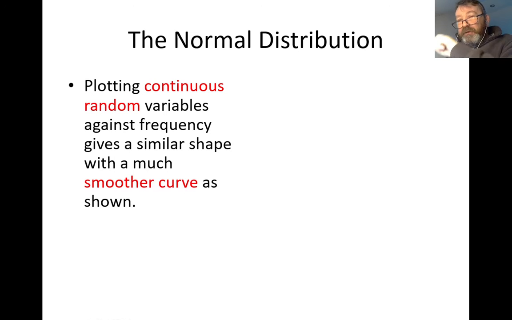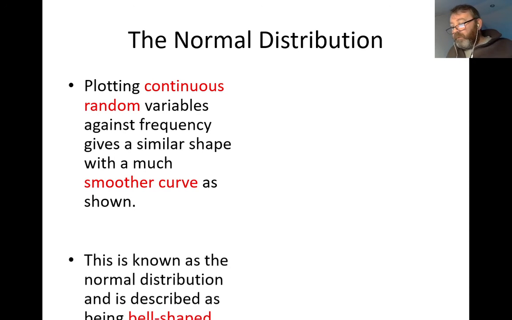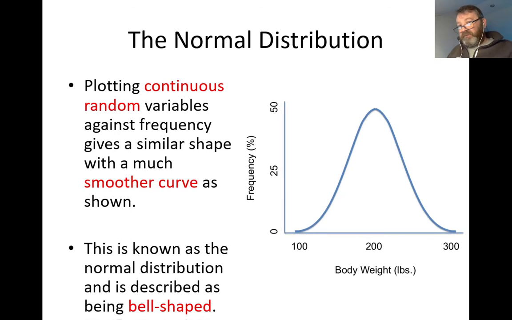Now, here's the interesting thing. Body mass, body height, IQ, all these things, they're all continuous data. They can be any value between the two bookends of whatever, 1 in 100 or 1 in 20, whatever it's going to be. And if we plot continuous data, we still get the same normal curve, but it smooths out into something like this. All right. Now, again, what do you notice here?